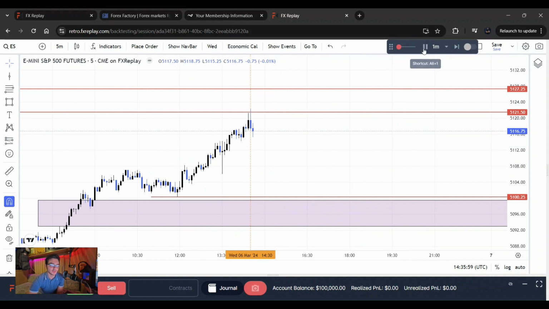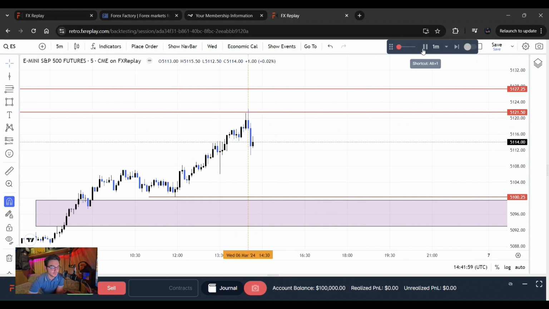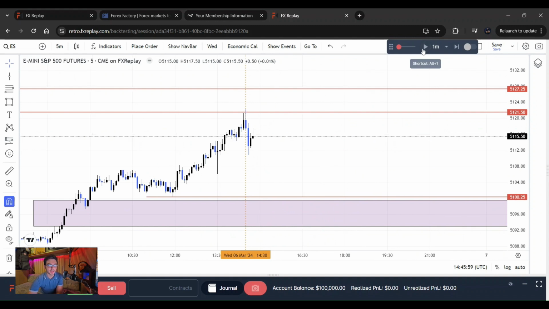So let's see if price gives us that. You see legs down, a nice reaction off that liquidity sweep. And there we have it. We had a 5-minute retrace. It's just a bullish candle close on the 5-minute after the initial move down from the liquidity sweep.